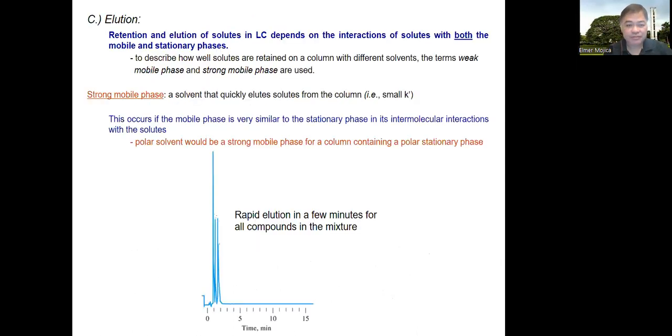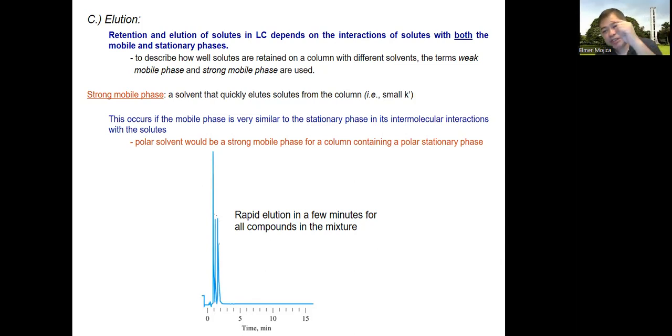Okay. Now, elution. So when you do the separation already, there is what we call an interaction between the mobile phase and the stationary phase.